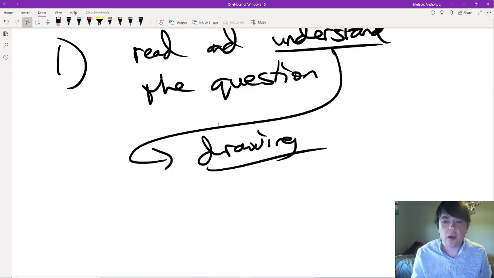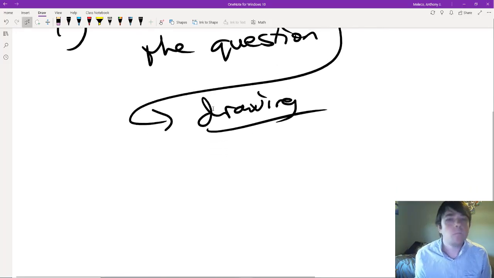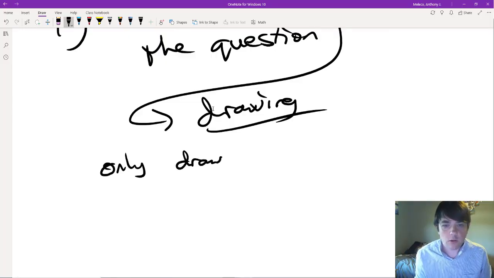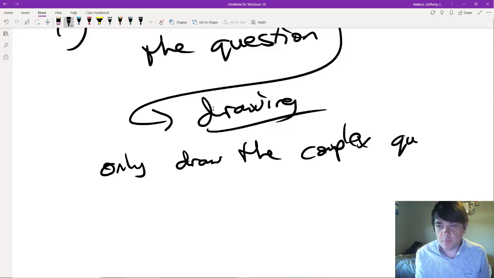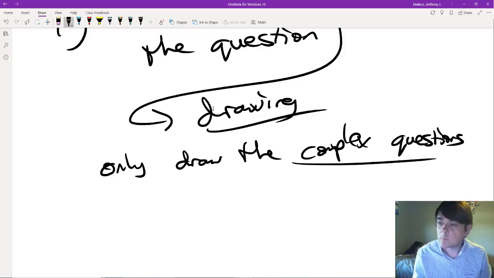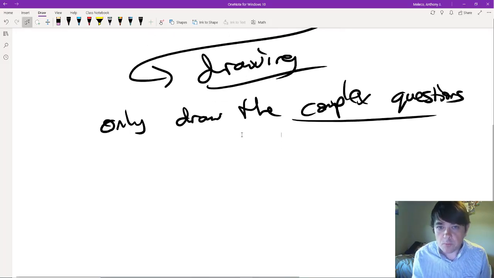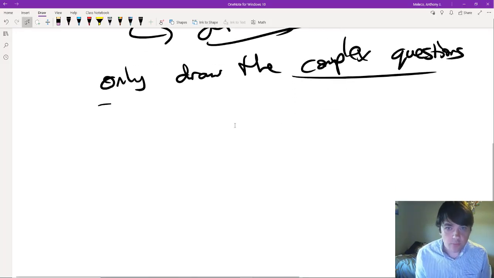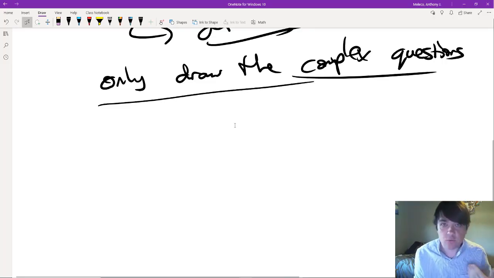Now you'll notice I won't draw out every question. I usually only draw the complex questions. But you'll see, just to get you going, I do draw a few just so you know how to do it. But you should start drawing the problems, okay? That way you can visualize what's going on, because if you take it step by step, it minimizes the error, okay?